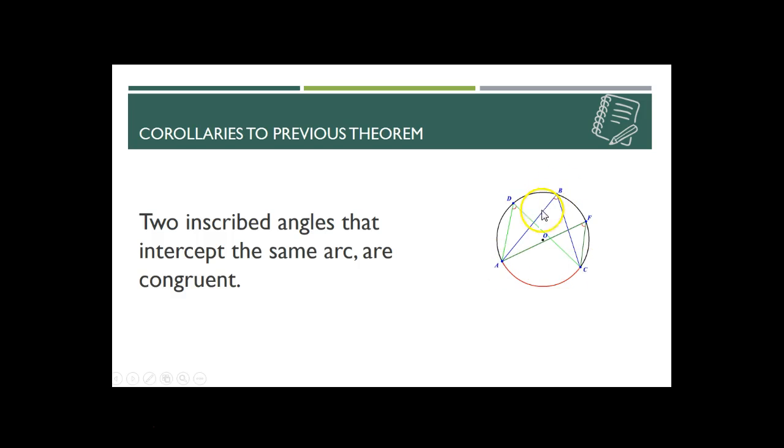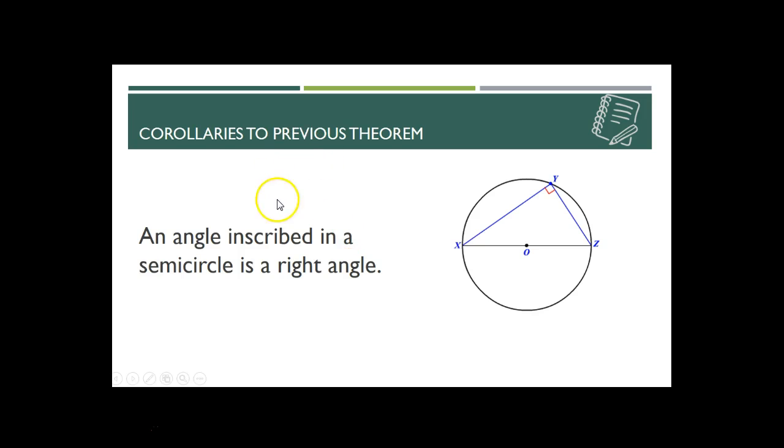Angle B is also inscribed to AC, and angle F is also inscribed to AC. That means that all three of those angles, since they inscribe the same arc, are congruent. So all three, angle D, B, and F, will have the same measurements.